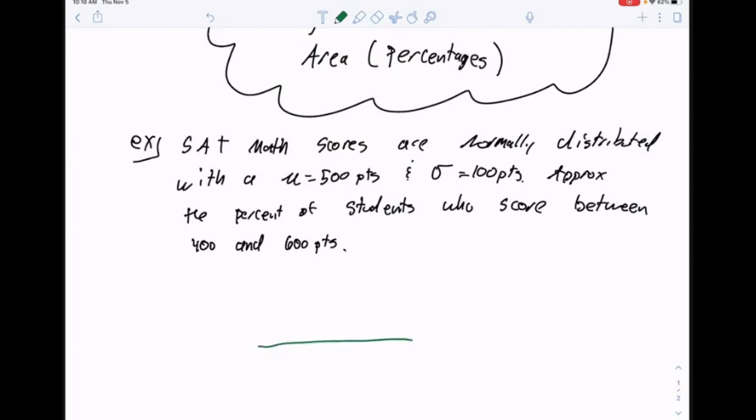And on my sketch, I'm going to label the mean, 500. I'm also going to show the two values, 400 and 600. Okay, what do I do now?